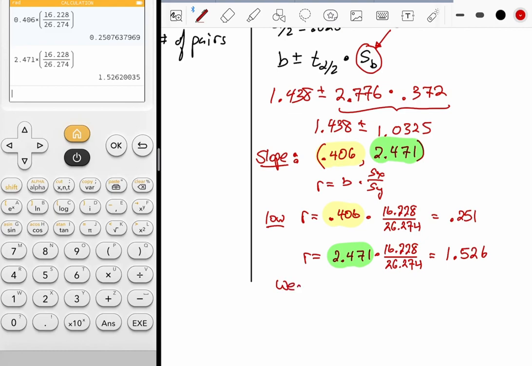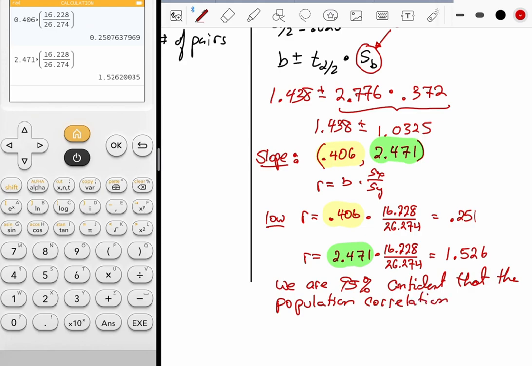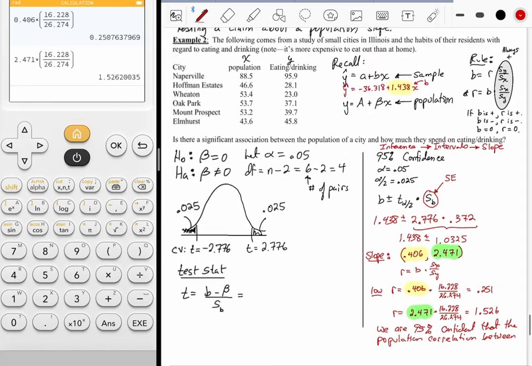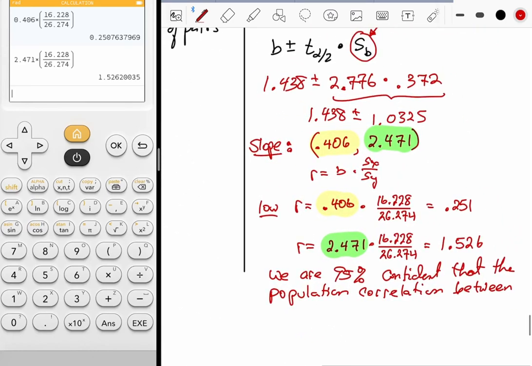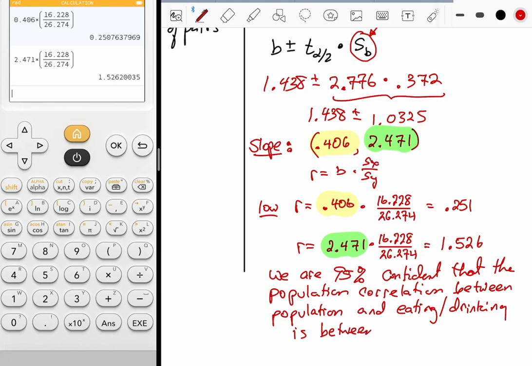So we are 95% confident that the population correlation between population and eating, drinking, overusing the word population, but that's what they're talking about, is between 0.251 and 1.526.